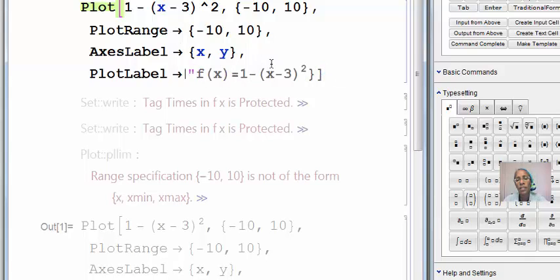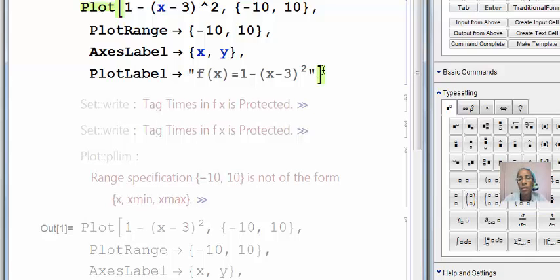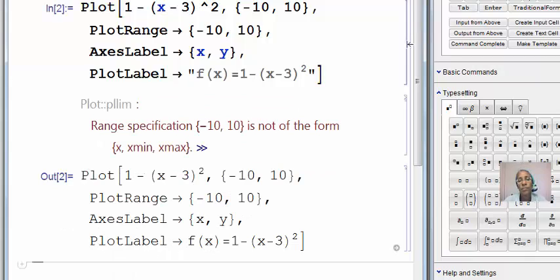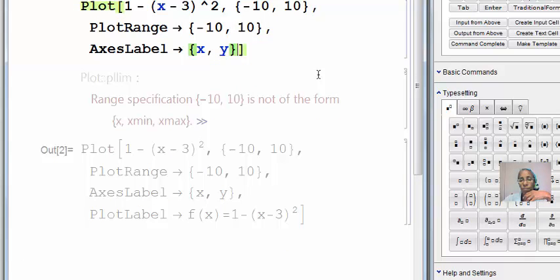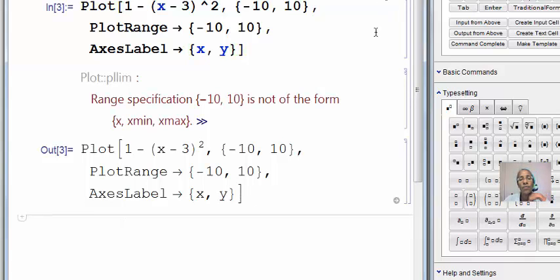And you know, I may not need these braces that I put in. Oh, let's see, plot label. I'm going to just take this plot label out. I'm pretty sure I forgot how to put that in for now.